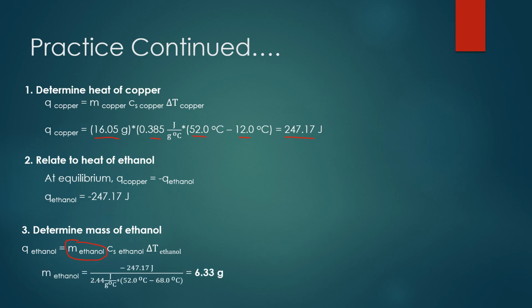When we rearrange that equation, we have the heat value in the numerator, negative 247.17 joules, and in the denominator, the specific heat of ethanol, which is 2.44, multiplied by the change in temp of ethanol. The final temp of ethanol was 52 and its initial temp was 68. This gives us a value of 6.33 grams for the mass of the ethanol.